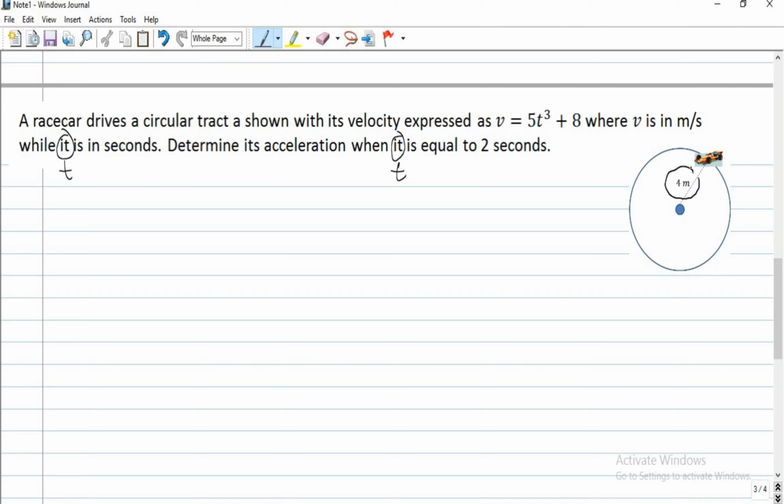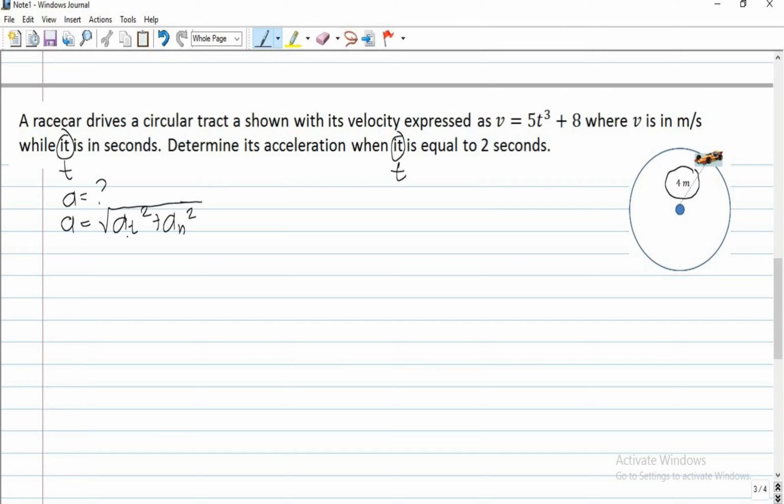Given po yung radius ng ating circle, that is 4 meters. Ang hinahanap dito is the acceleration. And since we need a constant value for acceleration, we're going to use the square root of at squared plus an squared.